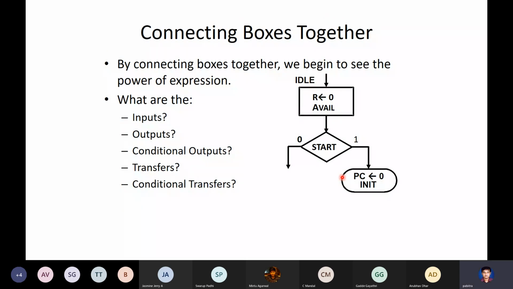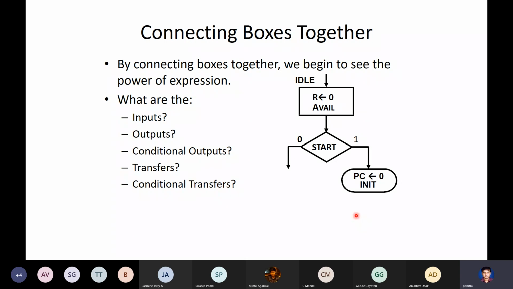Okay, so since this is a more detailed diagram than a flow chart, when we connect them, we need to mention the following things. Or rather, the connection specifies the following quantities. What are the inputs to the system? What are the outputs? What are the conditional outputs? What are the register transfers of the operations that are happening?